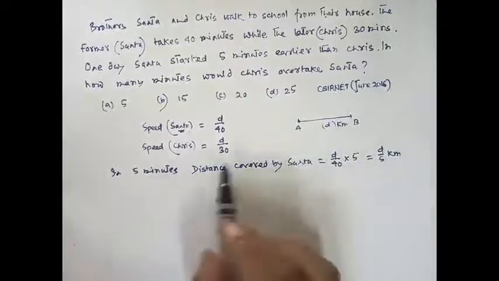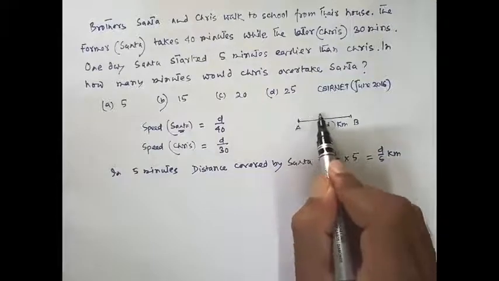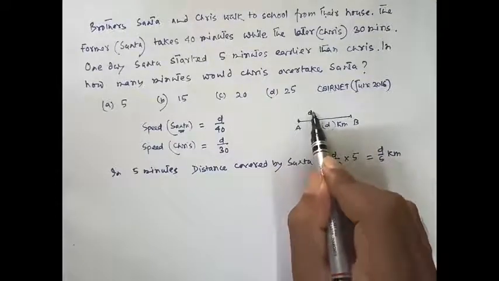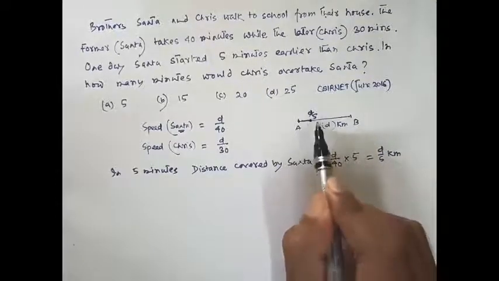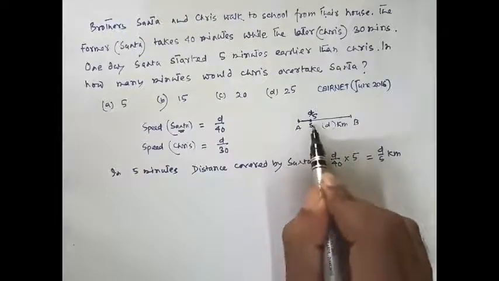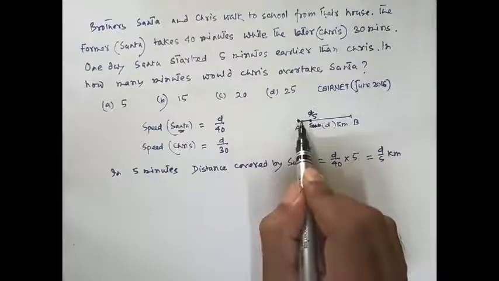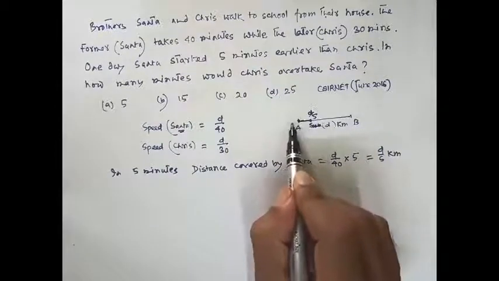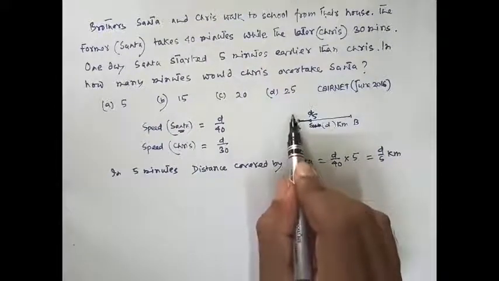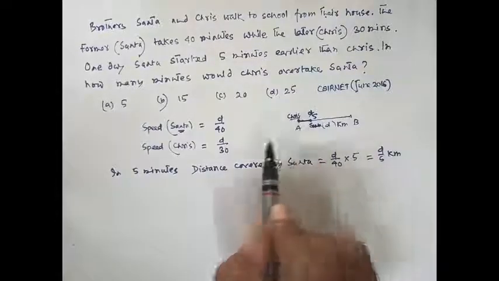So when Santa is at d by 8, Chris starts his journey, because he started 5 minutes later. So Chris would be at the 0 point.